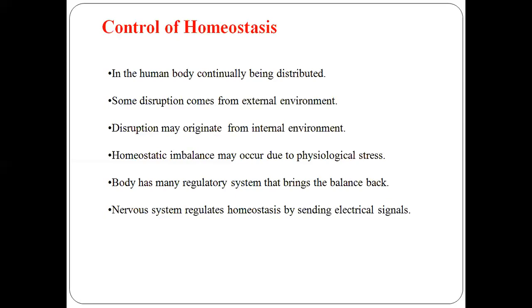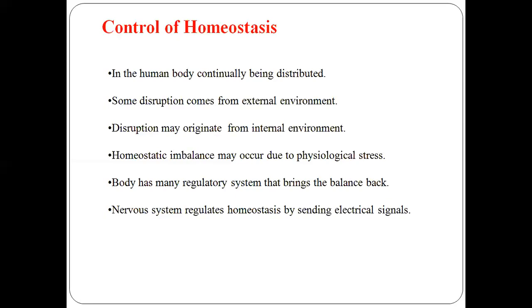However, in some cases, the disruption may be intense and prolonged, as in poisoning, overexposure to temperature extremes, severe infections or major surgery. These conditions lead to prolonged disruption of homeostasis.